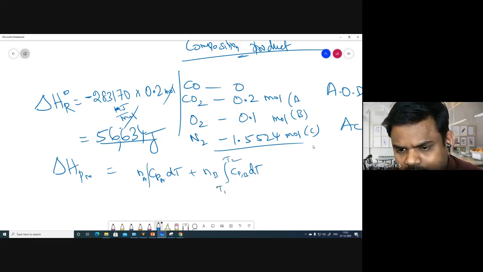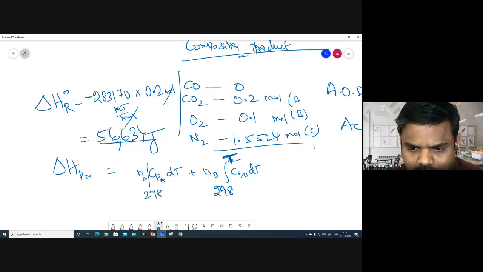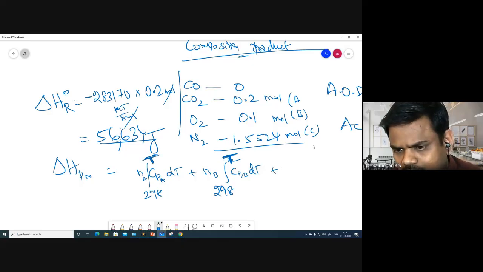So your temperature range is 298 to T, which we have assumed, plus number of moles into Cp of C into dT from 298 to T.